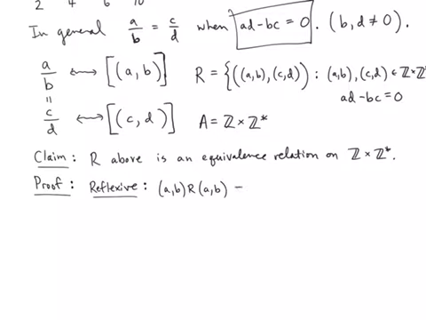the pair AB is related to itself. And in general, AB is related to CD if and only if AD minus BC equals 0.